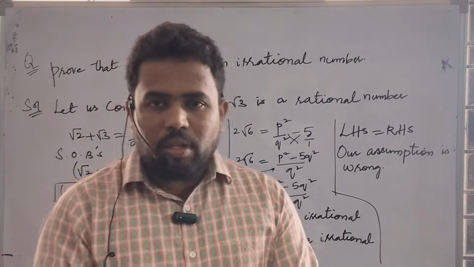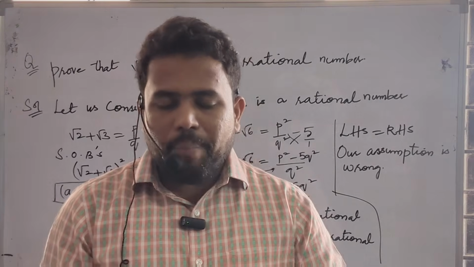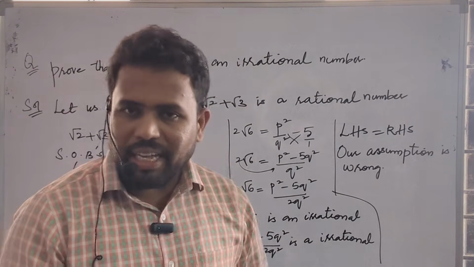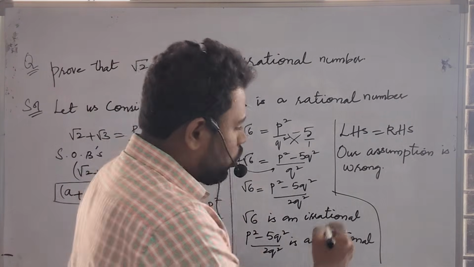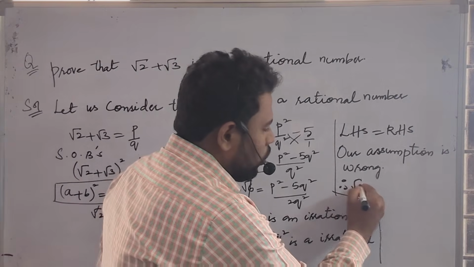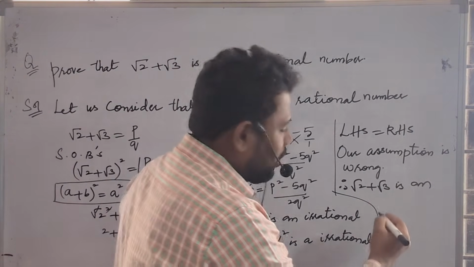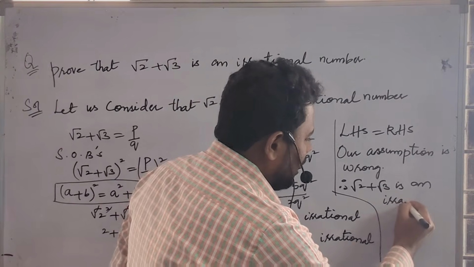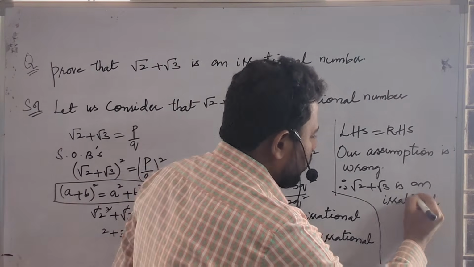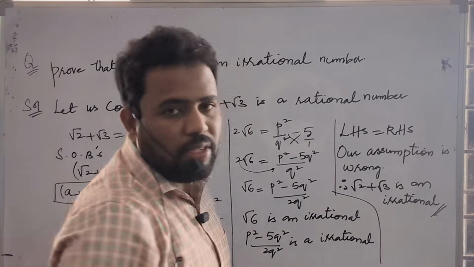So based on this, the contradiction of this statement says that the given number root 2 plus root 3 is an irrational number. So, therefore, root 2 plus root 3 is an irrational number. So this is the end of this answer here.